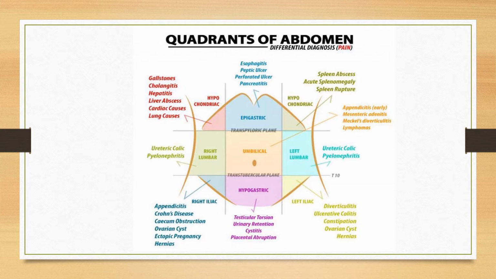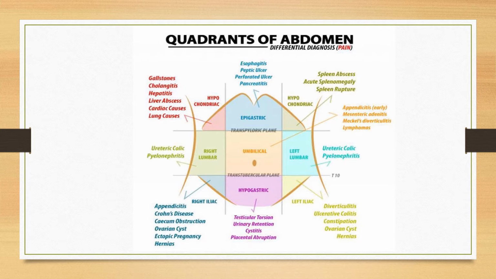Right side, appendix, Crohn's disease. We always have to think of ectopic pregnancy on either side. An ectopic pregnancy is a tubal pregnancy, typically occurring in the fallopian tube, and it can rupture and there can be massive hemorrhage. That can be right lower abdominal pain or left lower abdominal pain.